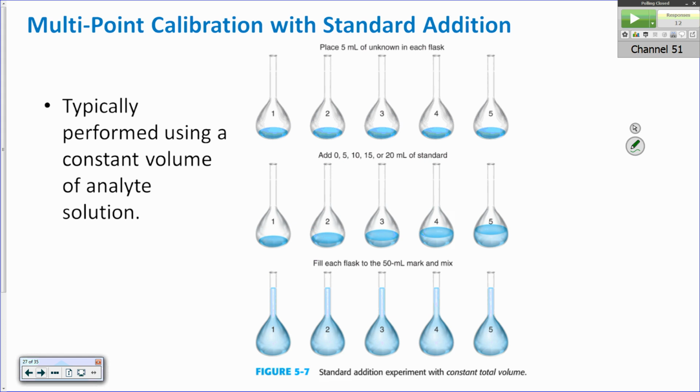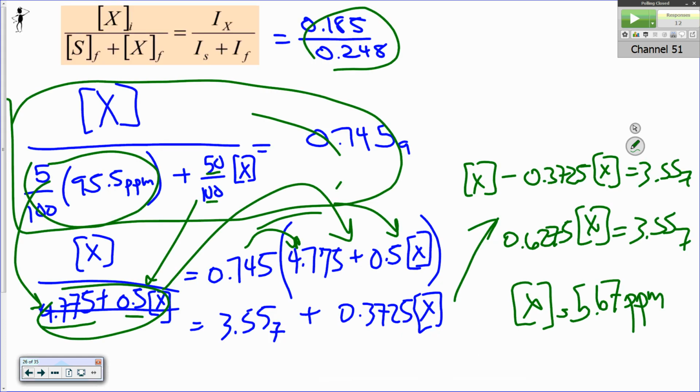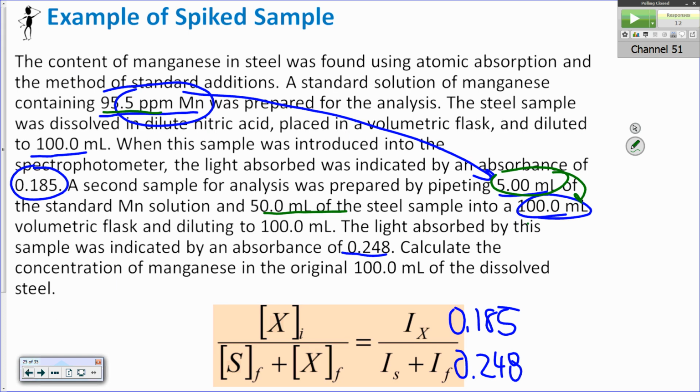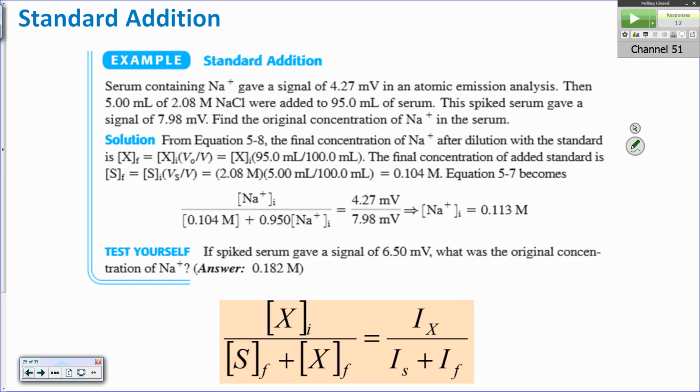Okay, so now what the method of standard additions is doing is taking a single sample. So this is an example of, if you want to think of it, a 1-point calibration.